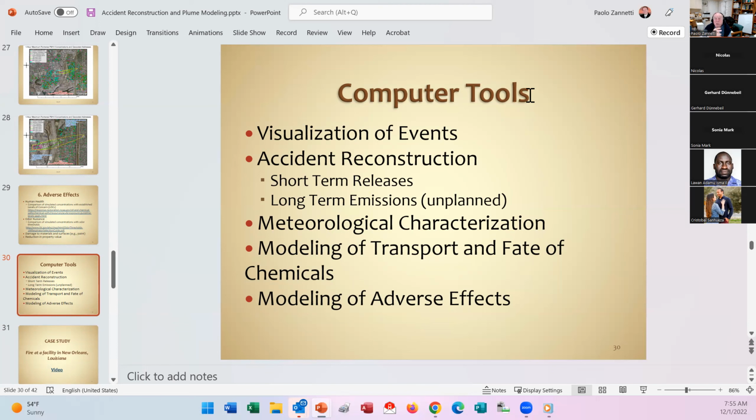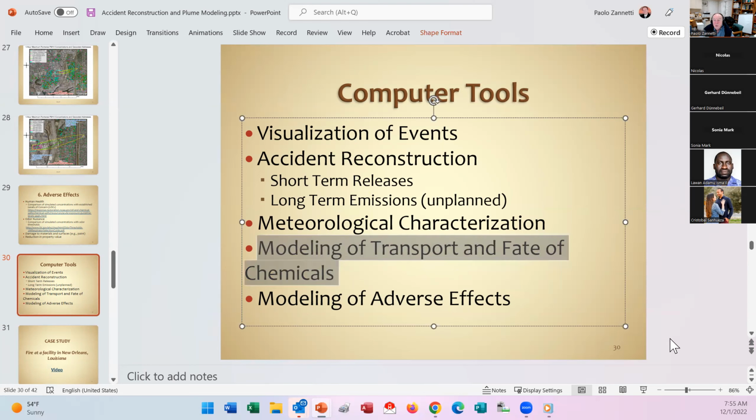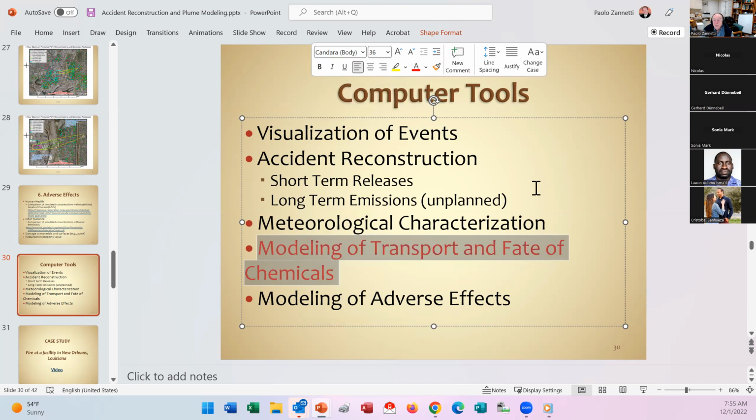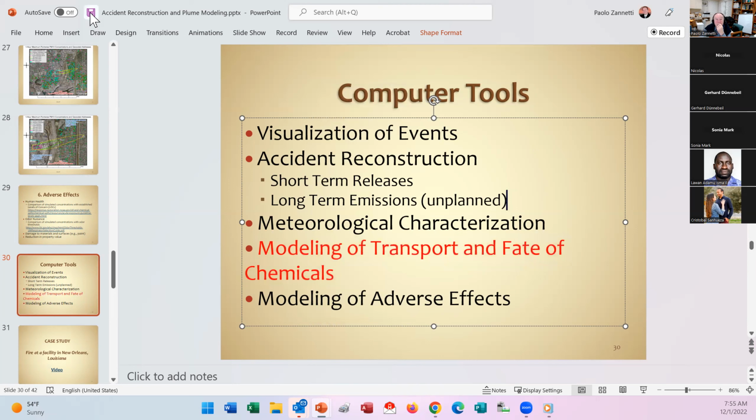So you need to use computers, especially for modeling of transport and fate of chemicals, which is the main topic of our course. Each issue has its own set of equations, software, and one big challenge is to choose the right tools.